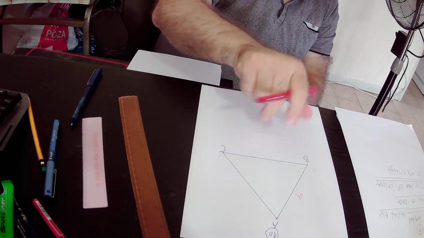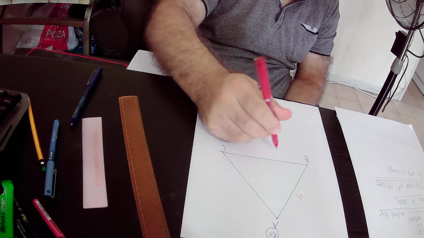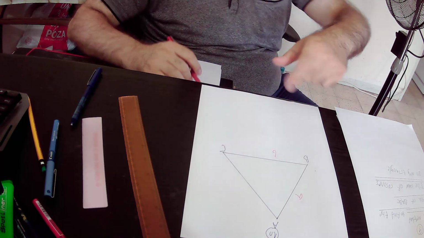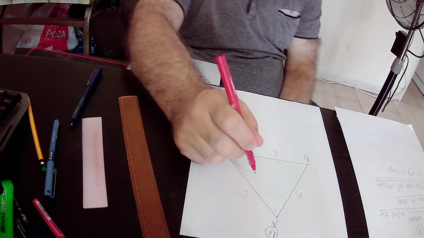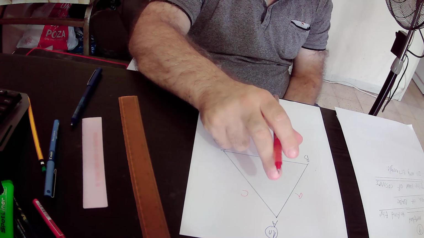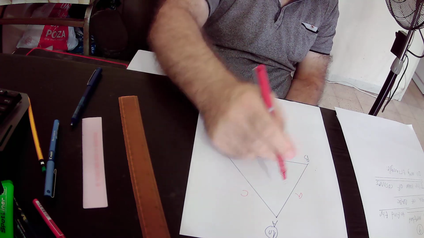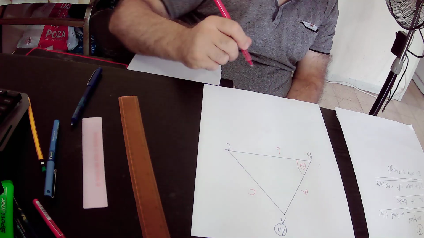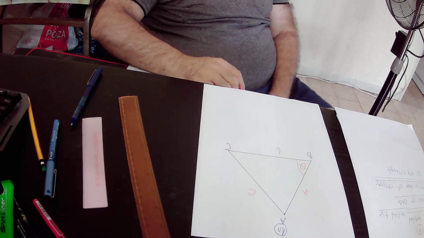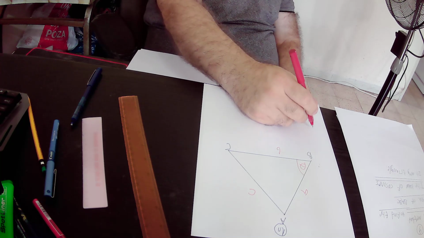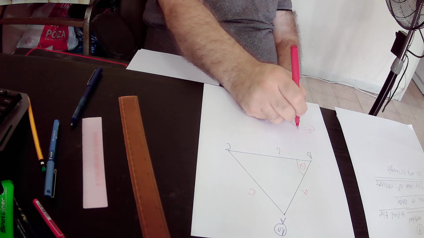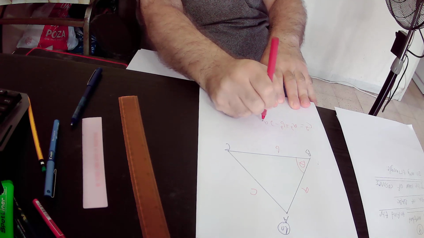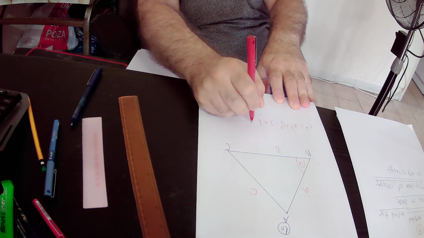The size of side BC of triangle ABC equals B units. The size of side AC of triangle ABC equals C units. And we also know that the angle between side AB and side BC is angle theta. So according to the law of cosines, C squared equals A squared plus B squared minus 2 times A times B times cosine theta.